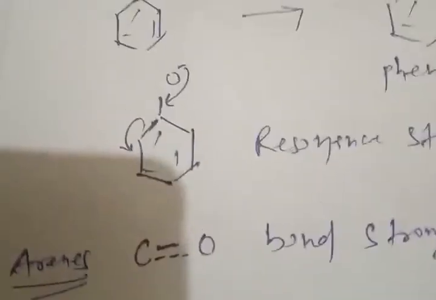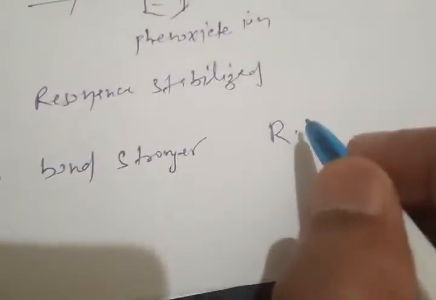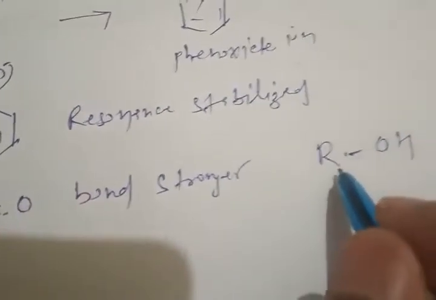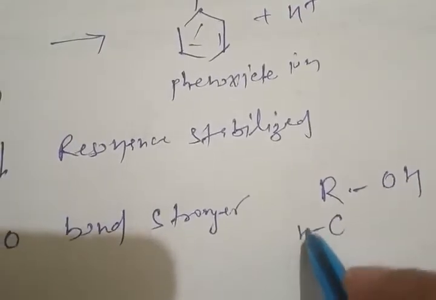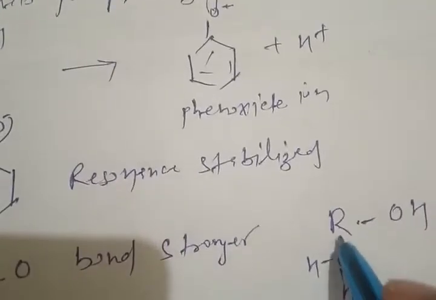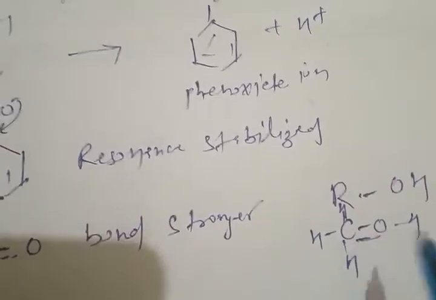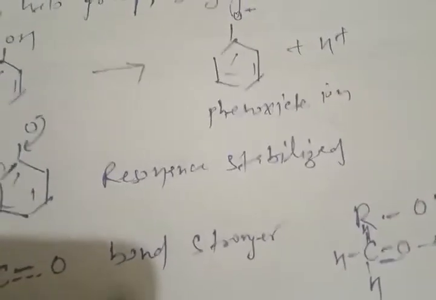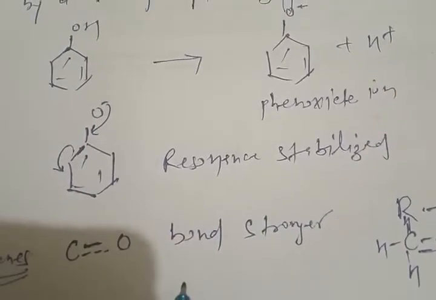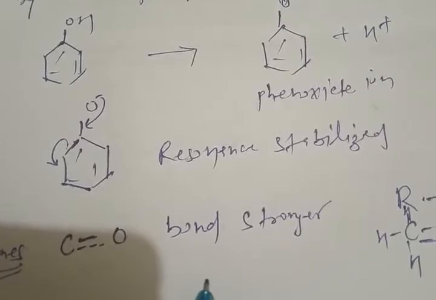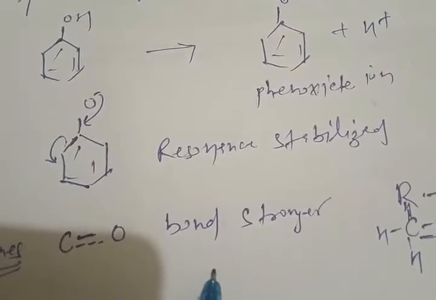On the other hand, in alcohol we only have a single bond here, with C, H, H and H, so this bond is not stronger. So it is very difficult to break this double bond. Cleavage of the carbon-oxygen bond in phenol is difficult.